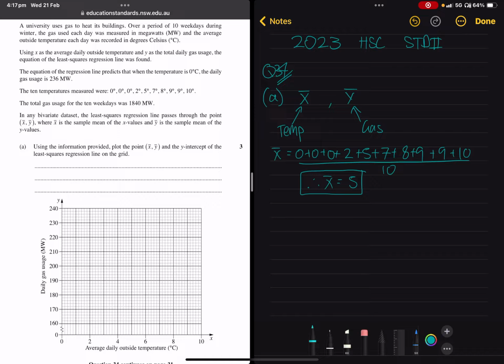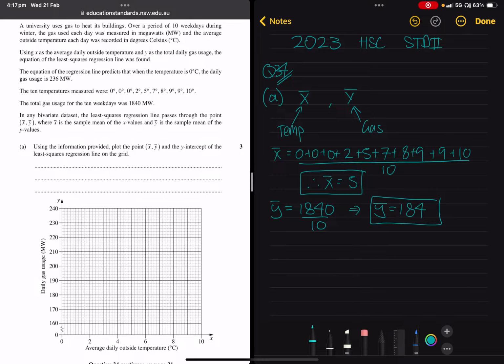So the average temperature was 5 degrees. Total gas usage for the 10 weekdays was 1840, so this means y bar is going to be 1840 divided by 10. So this tells us that y bar is equal to 184 megawatts on average were used per day.